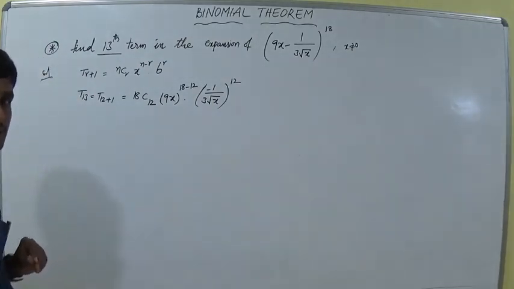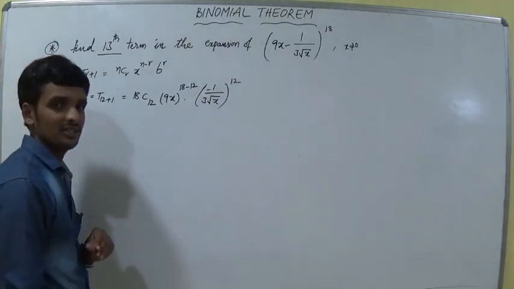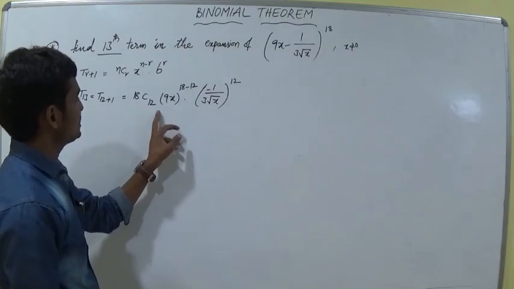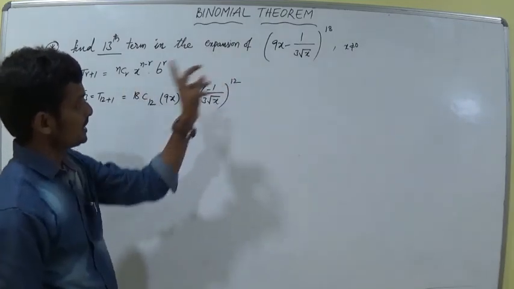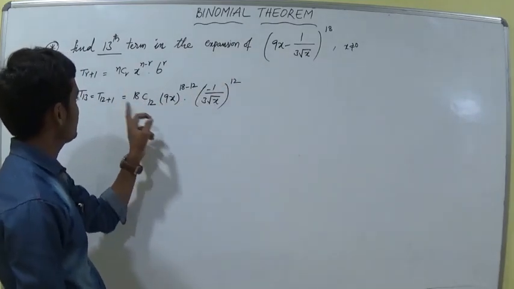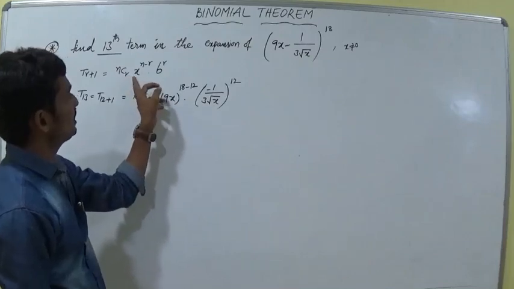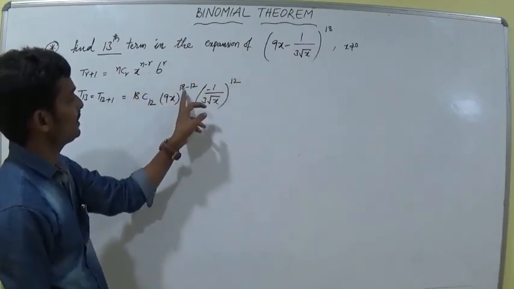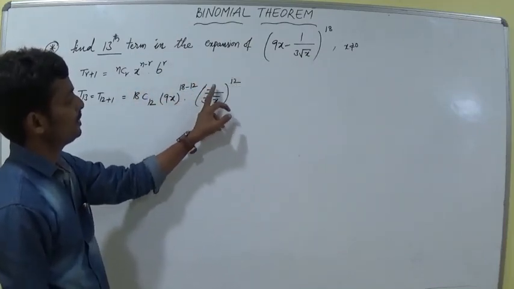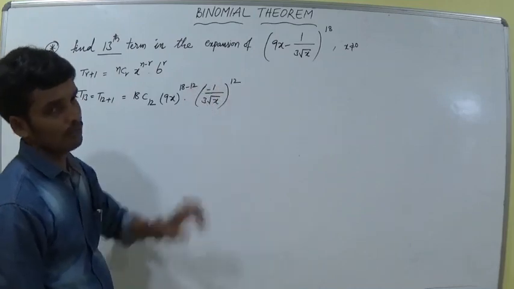Is this okay, boys and girls and students? 18 C 12, nCr, n is 18, r is 12, into 9x to the power of 18 minus 12, into minus 1 by 3 root x whole to the power of 12.